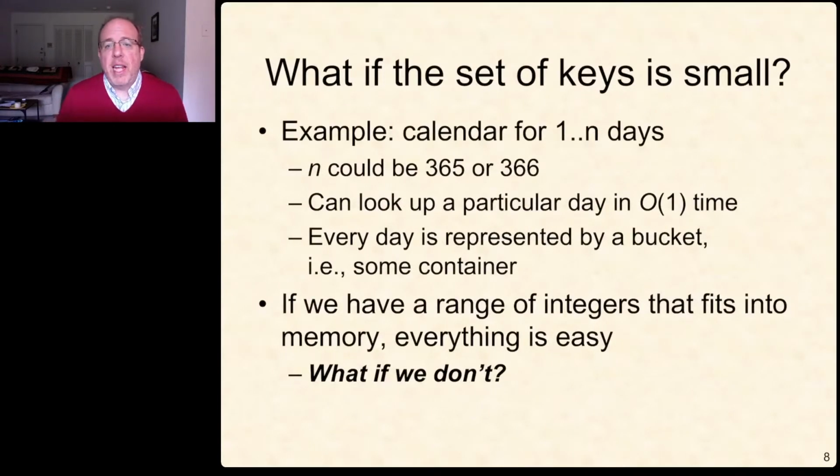If the set of keys are small, for example, you just wanted to represent the days in 1 year, you would just create a vector of the elements you wanted to store as the values in your key value pair, and you just use the indexes into the array for each day. There are only 366 of them on a leap year. That's small enough that you don't really need to worry about it.